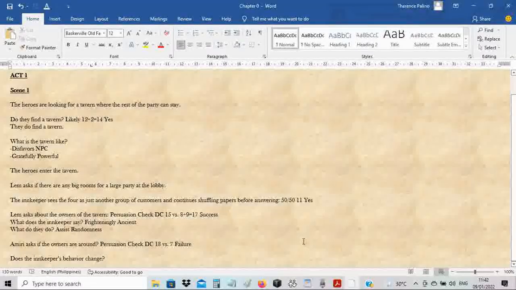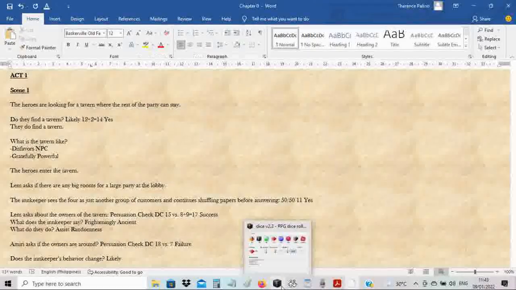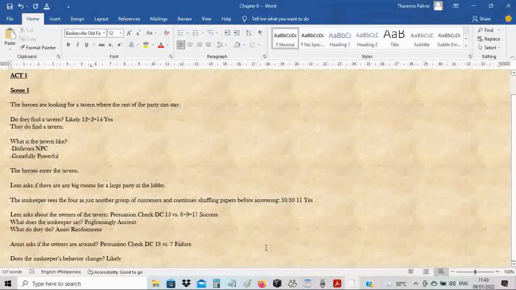So there's a +2. Now let's roll. 4 plus 3, 7 plus 2 equals 9. But it's not high enough to be 11, so no.